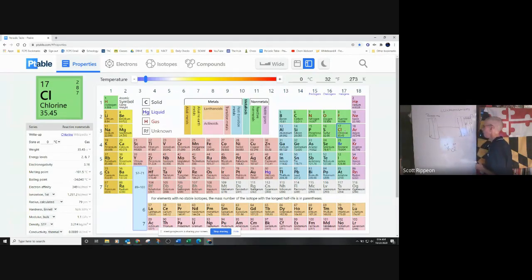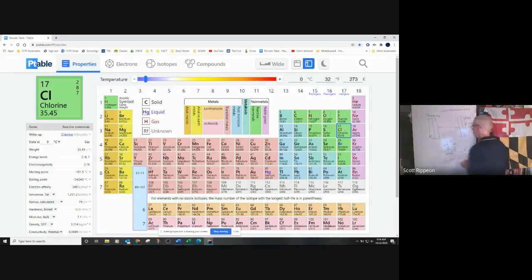So I subtract, do the higher level math, and I get 0.9. Now I just said if it's ionic, it's going to be 1.6 or bigger. If it's perfectly covalent, nice even sharing, it's going to be 0.3 or down.